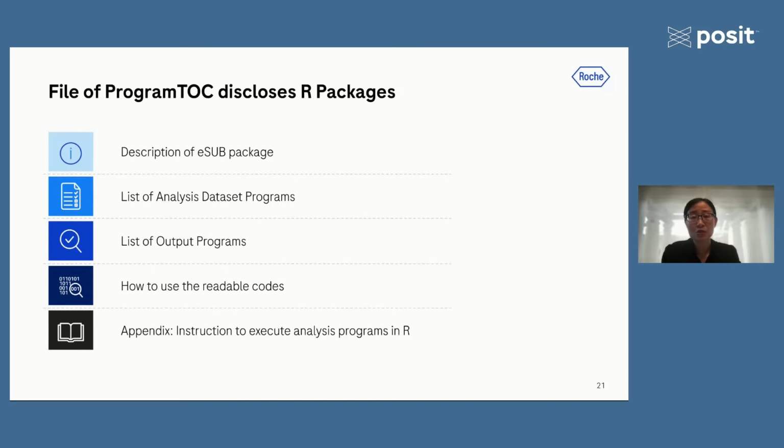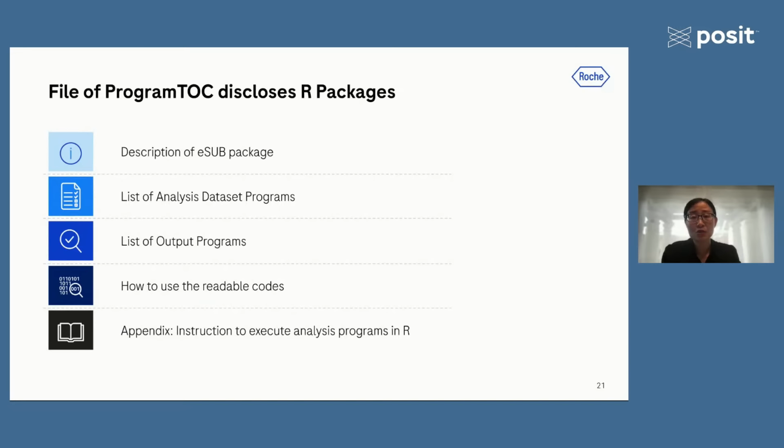Based on the dynamic nature of R, advanced features are updated to the package with versioning up. So we also include the version for the package along with a very brief description for the package that we used in the analysis.